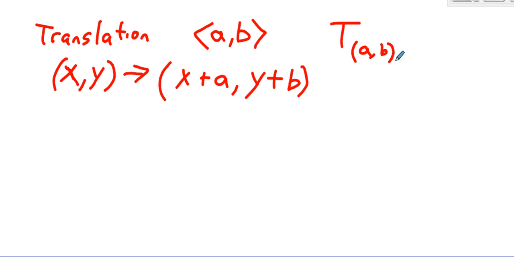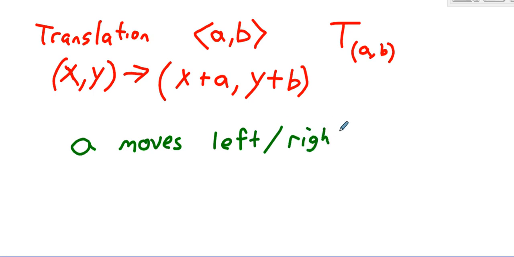All of that, what it really means is that A moves left and right. Since it's with the x value, it moves left if it's negative, and it moves right if it's positive.